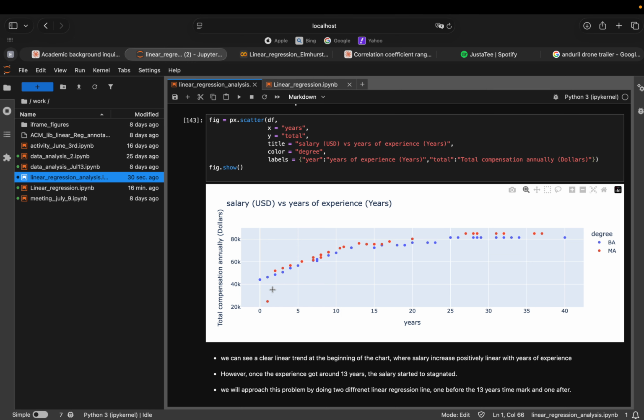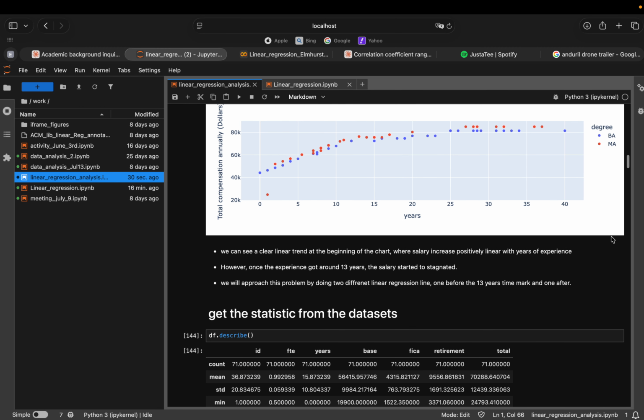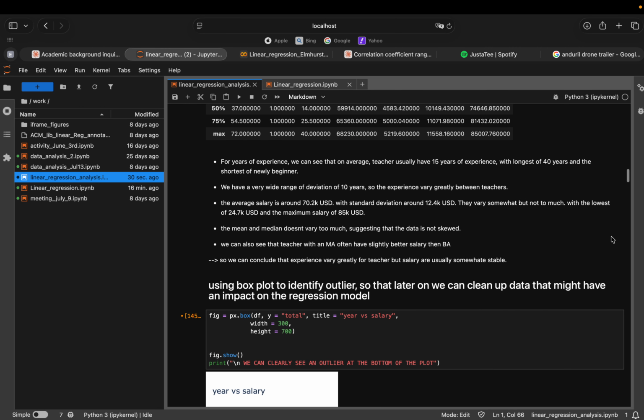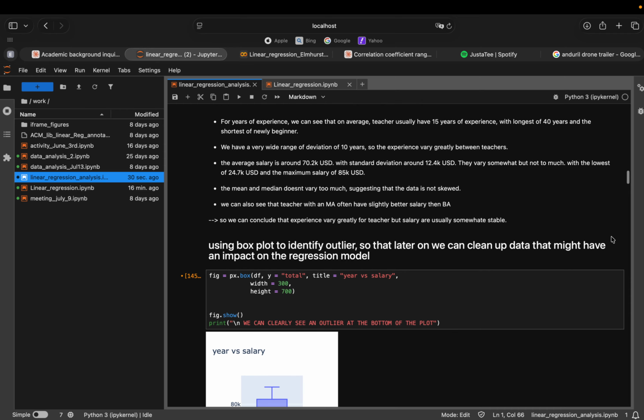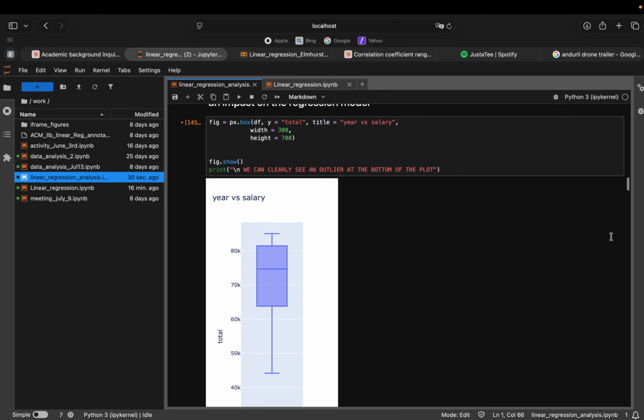And I also checked the degree. So I noticed that people with an MA often have a salary a little more than people with just a bachelor degree. So I also use a box plot to visualize and see if there's any outliers.